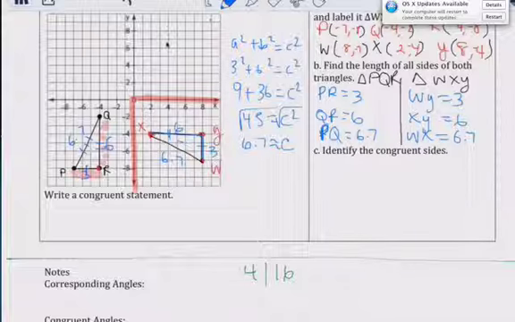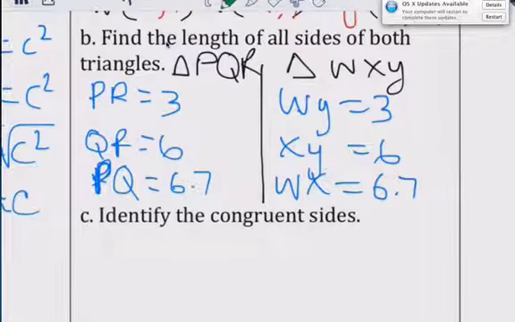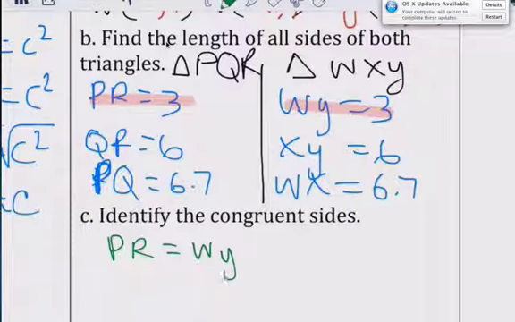Identify the congruency. This should be easy after you get the lengths. This is 3, that's 3. So PR equals WY. Instead of equal to, it's the congruent sides. So this word congruent, you need to write congruent to. PR is congruent to WY.